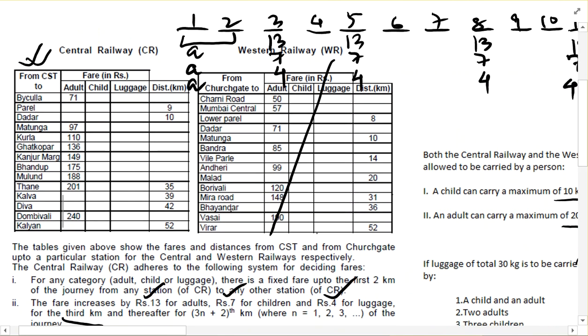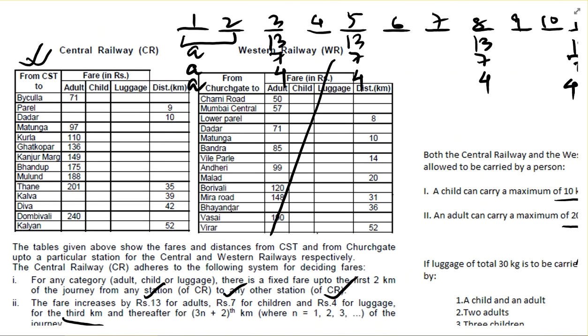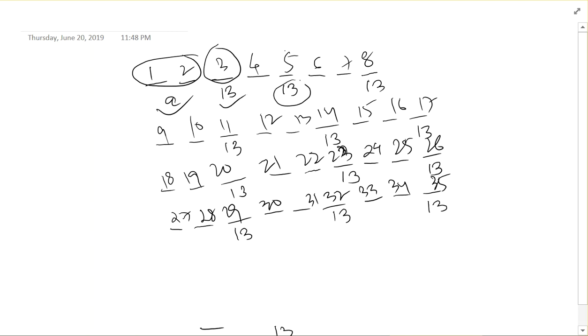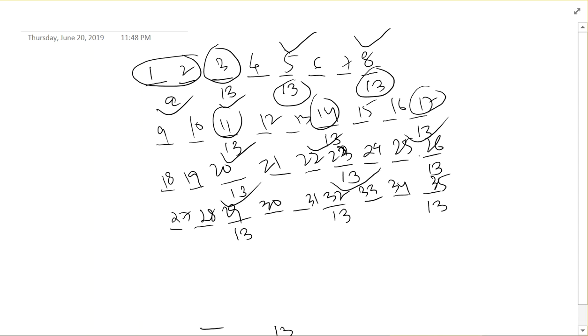So we'll do some calculations. For the first 2 kilometers A, then 13 for the third, 13 for the fifth, and then 8th, 11th, 14th, 17th, 20th, 23rd, 26th, 29th, 32nd, and 35th.